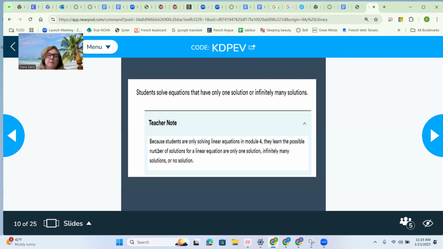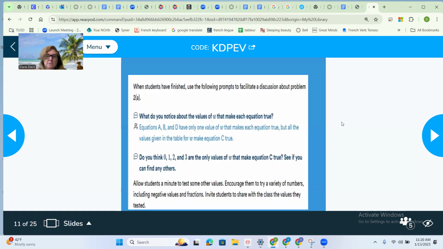Of course, we don't know that they're infinite. Because students are solving linear equations, remember, we know it's linear because the variable doesn't have an exponent. Once it has an exponent, then it graphs something different. Then a line is therefore not called a linear equation. So they learn the possible number of solutions for a linear.